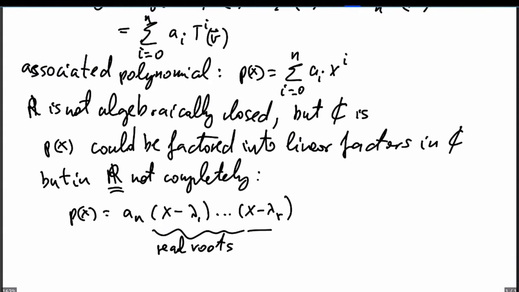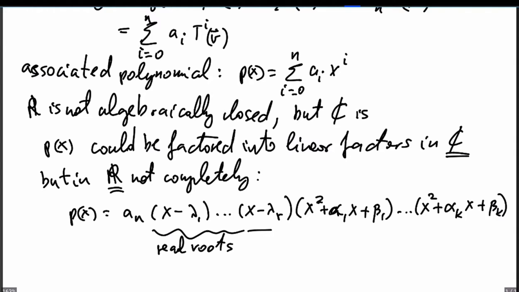And then the ones that cannot be factored in the real numbers, but can be in the complex numbers, become quadratic polynomials like x squared plus alpha 1 x plus beta 1, and the last one perhaps x squared plus alpha k x plus beta k. So these correspond to complex roots.